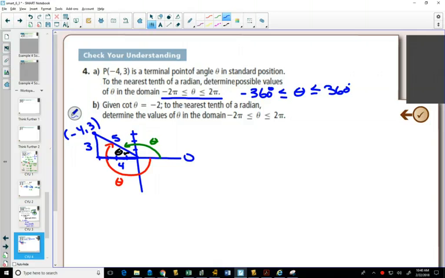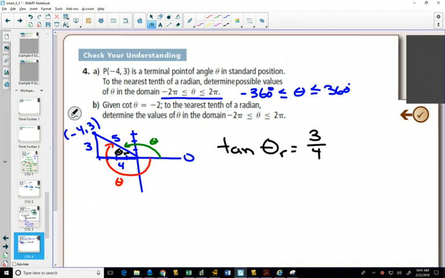That's fine, but you wouldn't even need to know that, because if I want to find my reference angle, and I knew the opposite side was 3 of this triangle, and the adjacent side was 4, I can say that tan of my reference angle is equal to 3 over 4. That's just using grade 10 trigonometry and knowing that your tan is your opposite side over your adjacent side.